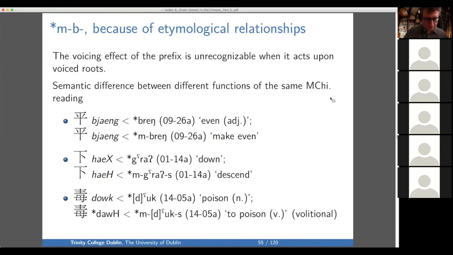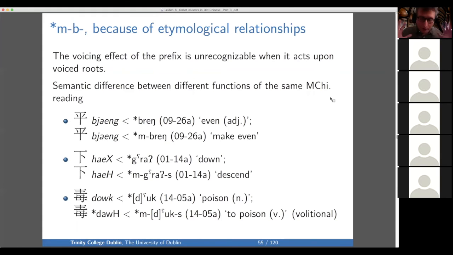So let's say, if you want to caricature their behavior, when a character has two meanings, one of which is non-volitional and one of which is volitional, they posit an M prefix purely on the basis of the volitional reading, with no evidence of phonetic difference, at least in principle.